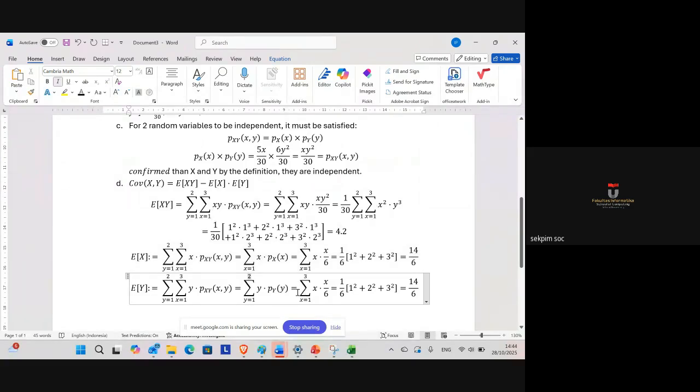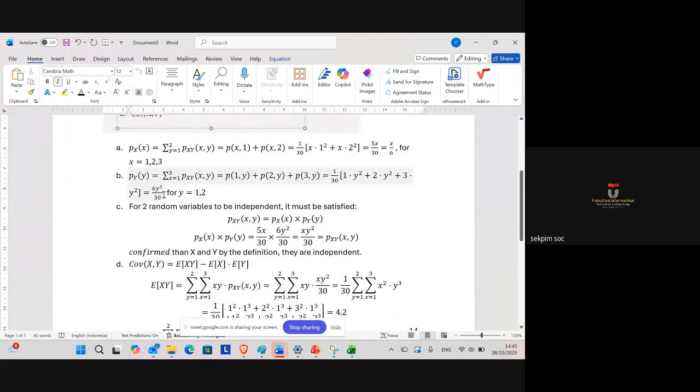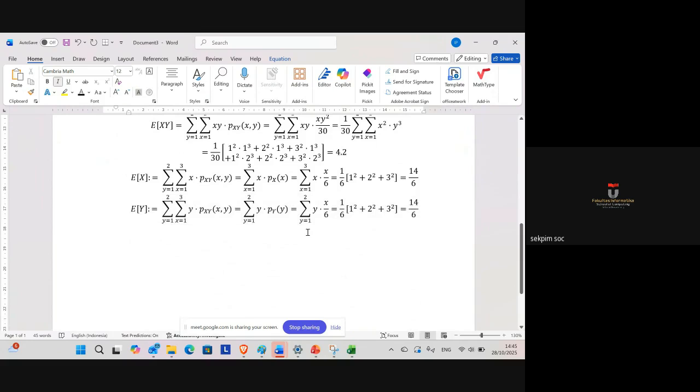Okay, and what is py? Py is this one, right? So we can simplify the fraction here to be y squared divided by 5.